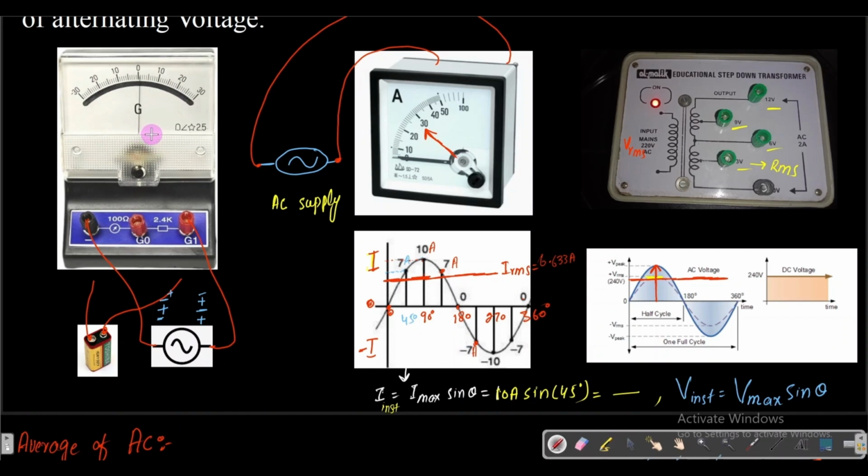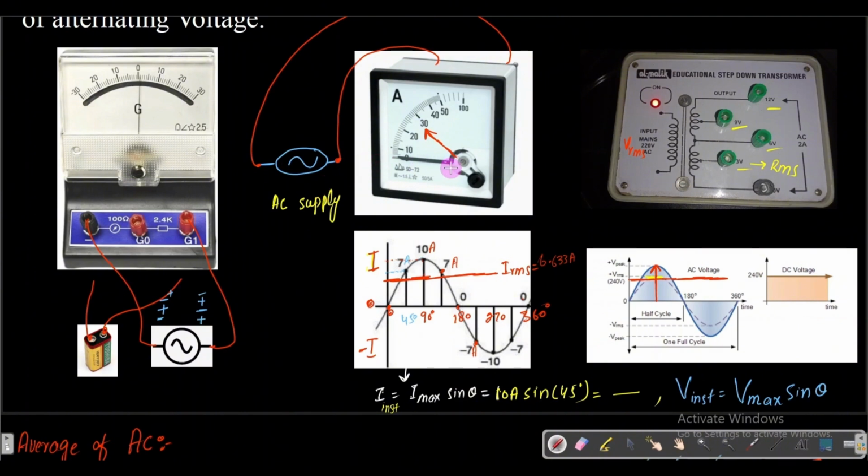So we have to consider a single value in the alternating current so that this needle will be at a fixed position. Here we have an ammeter for the alternating current, and for that we need a specific single value. That is not possible for the AC supply.